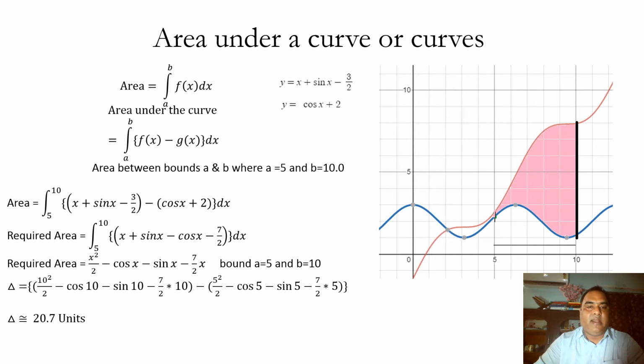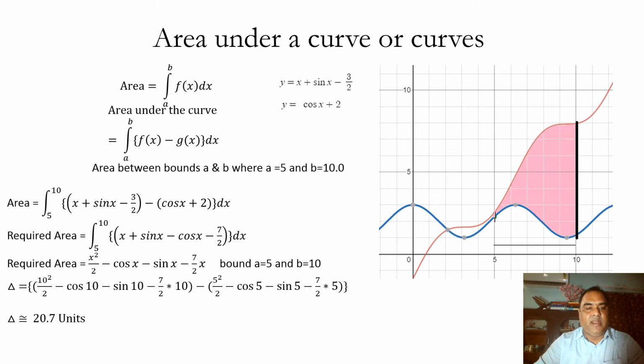Okay, so now we have to compute the area enclosed by these two curves from the bound a to b, for example. And in this case also we are computing the area between bound 5 to 10 units. So what we have to do is subtract g(x) from f(x), which is the function given here.